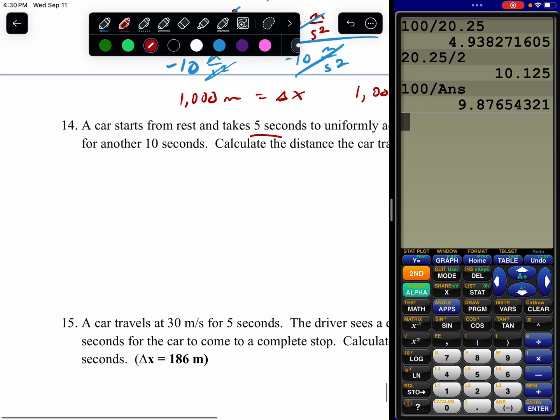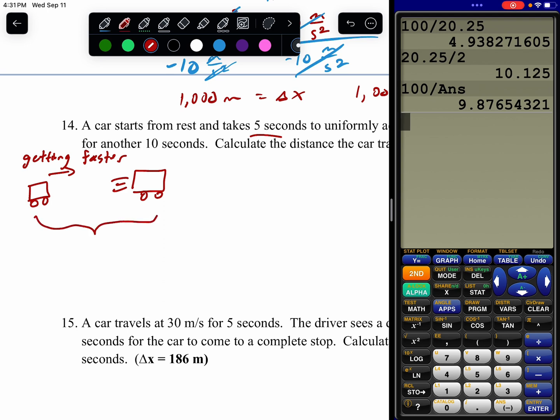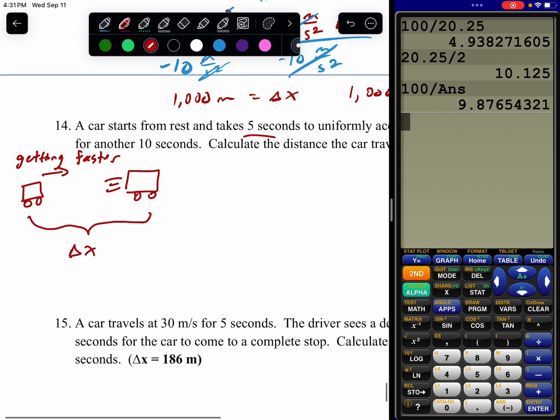Let's go ahead and draw this out real quick. So here's the car. This is the car getting faster. Sorry for the handwriting. And that's the car moving really fast. So this is going to be one delta x. We're going to have to solve for that delta x first.